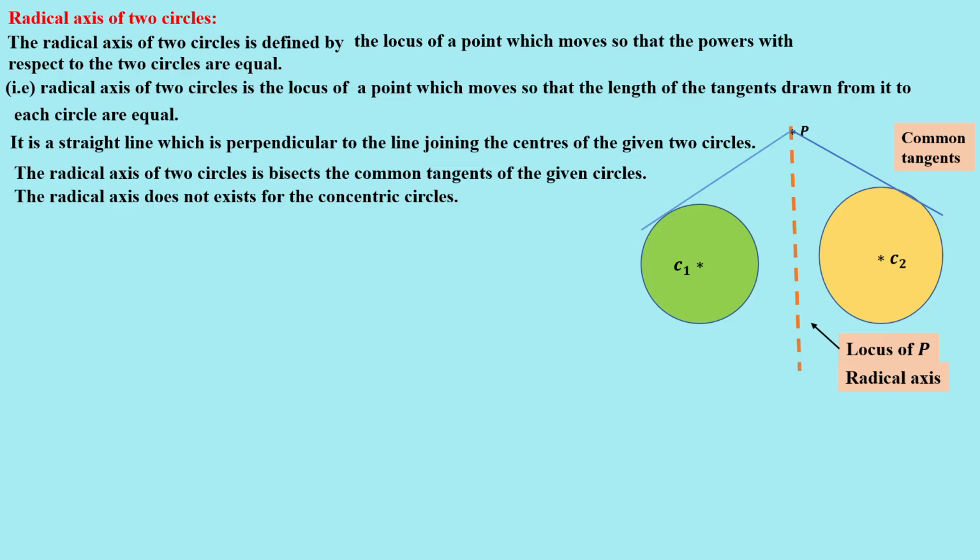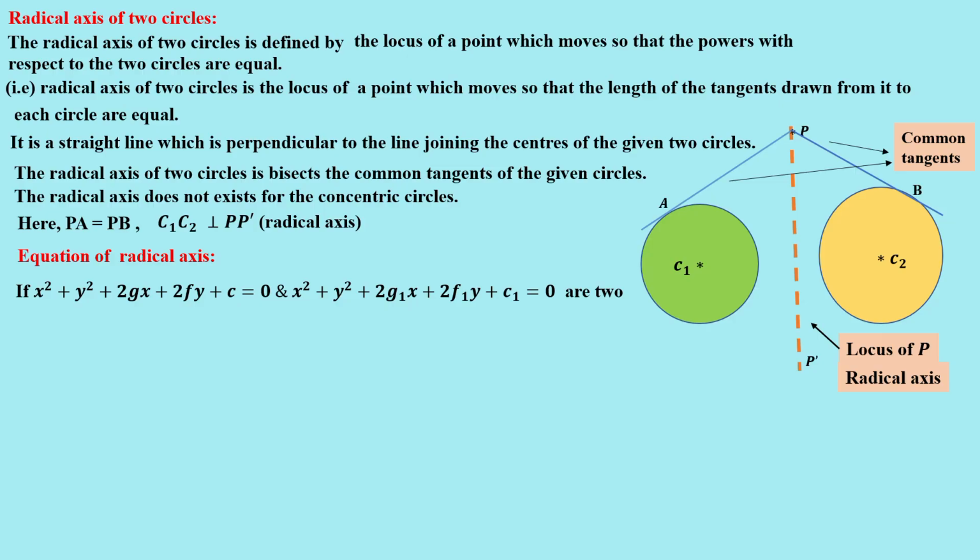This is the common tangent for the two circles. The lengths of the tangents PA and PB are equal, right? PP dash is called the radical axis. Here PA is equal to PB, and the line joining the centers C1C2 is perpendicular to PP dash, the radical axis. That is also there.